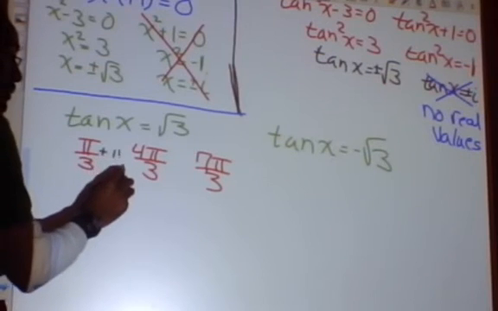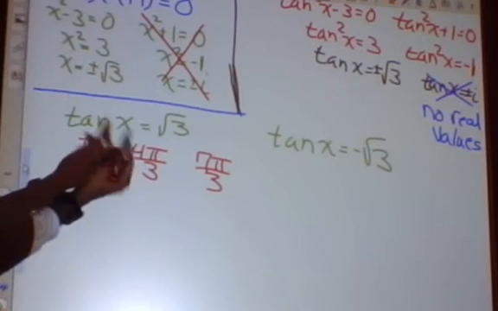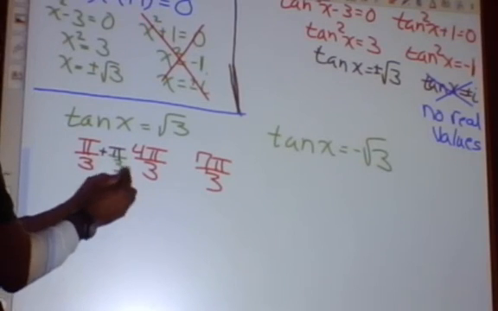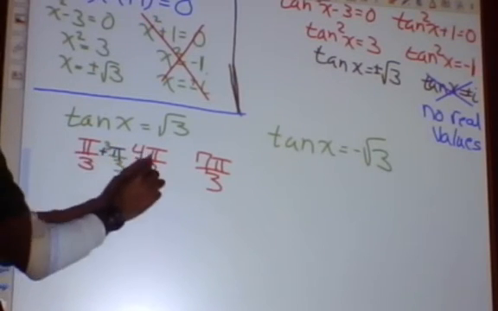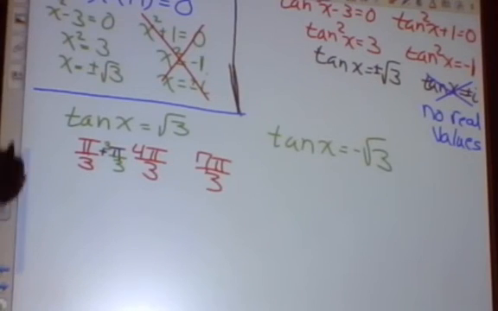So if we add pi here, we would have to get common denominators, which would be 3, so multiply the bottom by 3, multiply the top by 3. You add those two 3's together with that 1, they give us 4, and so on and so forth. So if we add pi to it, then we will get every value that we need.